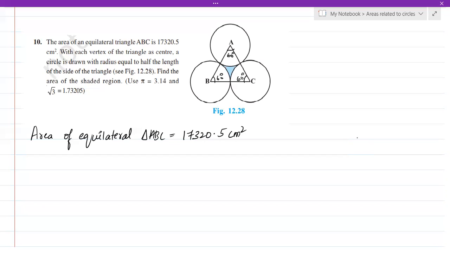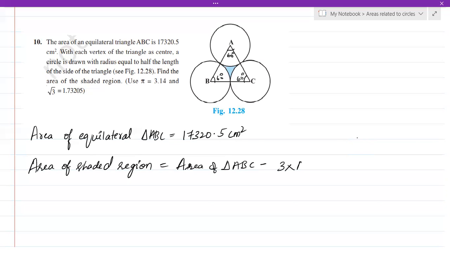So the formula will become: area of shaded region is equal to area of triangle ABC minus 3 times area of sector, as there are 3 sectors.